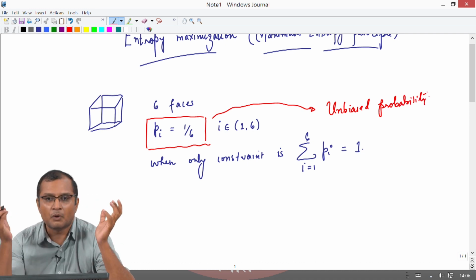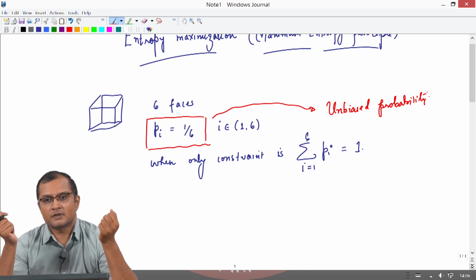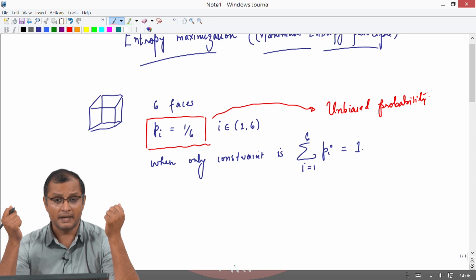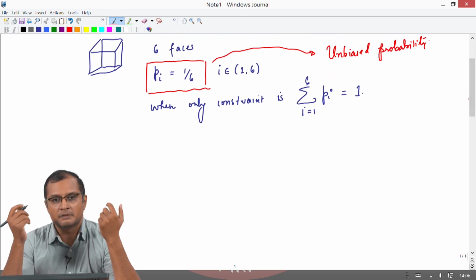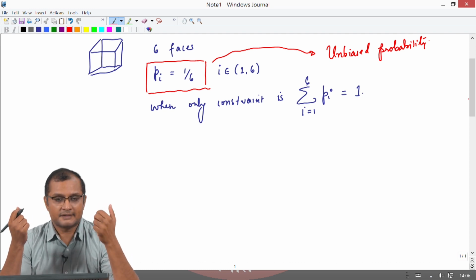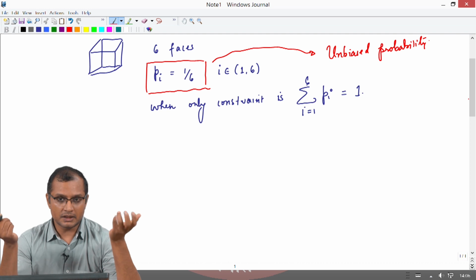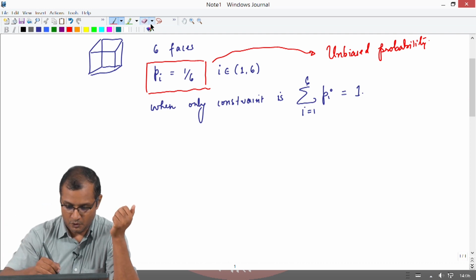Now, today we will see an important result which is established in the context of biased probabilities. So, this will be the case of a dice where some faces have a higher probability of occurrence compared to the others. Now, what do I mean by this?